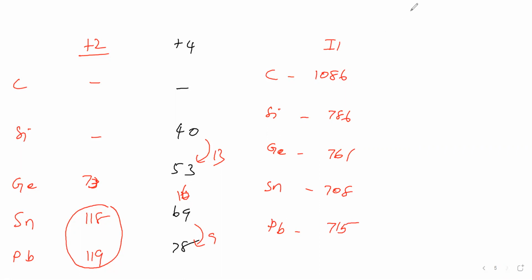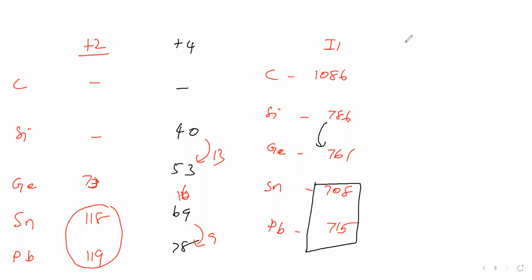How the first ionization energy is, we will see. From carbon, silicon, germanium, tin, it decreases. Down the group, ionization energy decreases. Exceptional case, tin to lead shows anomalous behavior. For lead, 4f14 is the reason. Then silicon to germanium, you see less amount decreases because of 3d10 in germanium.